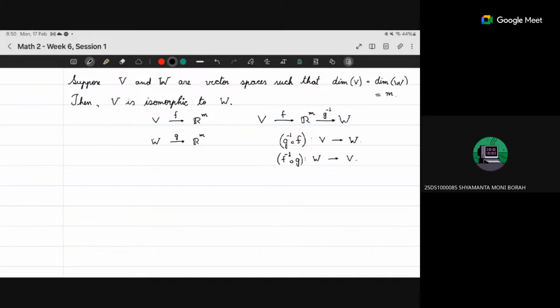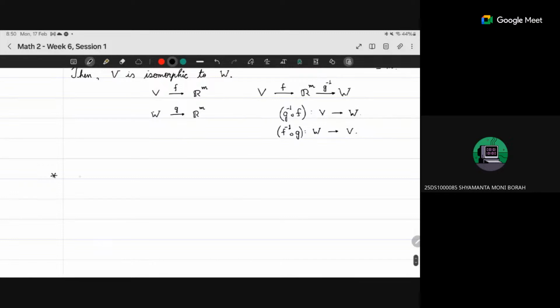So for example, let's take some example in R4, x1, x2, x3, x4, something like this, some plane.